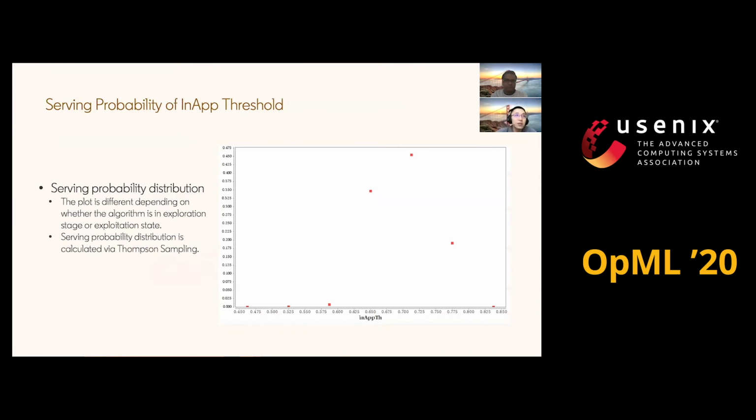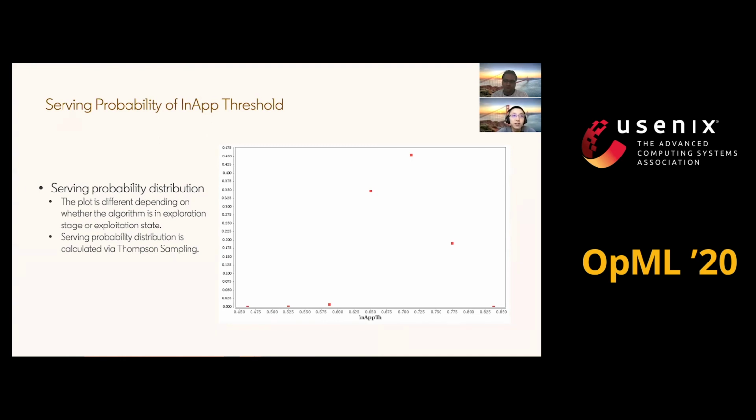In our system, we provide different kinds of plots for visualization and debugging. I'll briefly show the plots here for the notification optimization problem. The first plot illustrates the output probability distribution versus the in-app threshold. This is the mean output for the Bayesian optimization module.